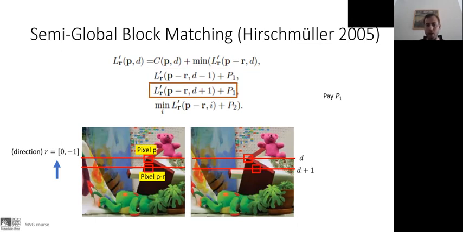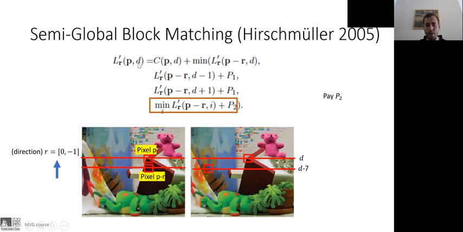Okay, and these values I already know. And I can also take the minimal disparity from pixel P minus R and then pay P2. Okay, so those are my 4 options to get a cost for pixel P with disparity D that considers smoothness in direction R. And since I build it iteratively, I can just fill this volume.